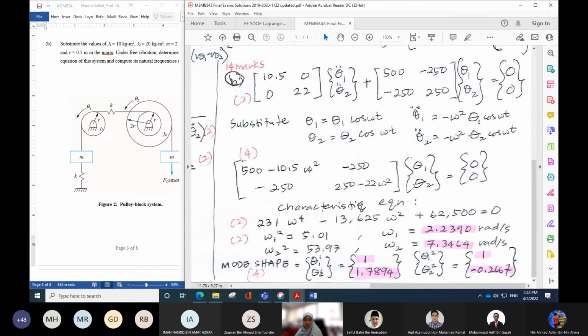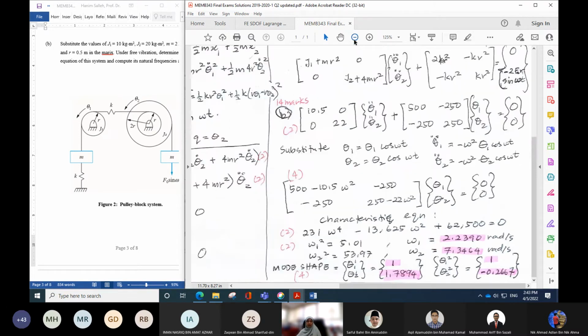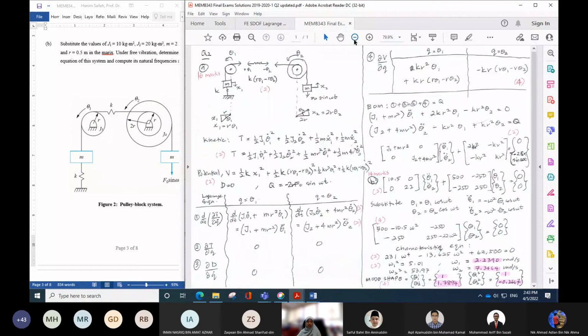Just substitute in there, and you get this expression. So it should be fairly easy. When you have the problem, you just identify the elements and write your kinetic energy and your potential energy, and also identify if you have a damper, then you have the Rayleigh dissipation function.